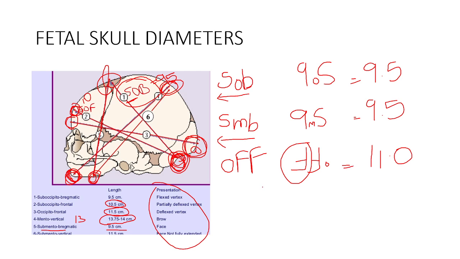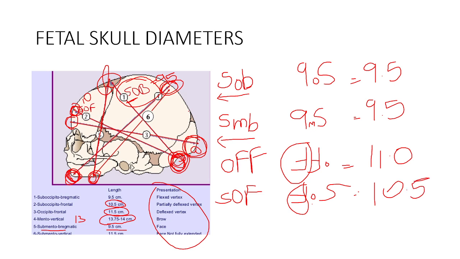Next comes the suboccipitofrontal. Go like this, and a dot, and this one. You can think of it as 0.5, that is 10.5.